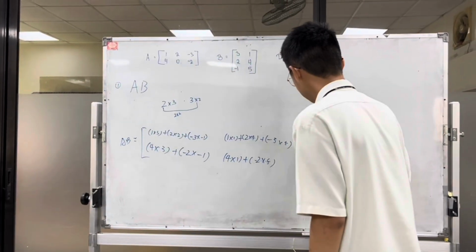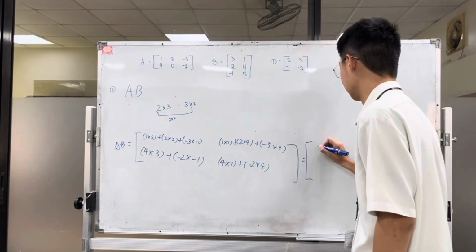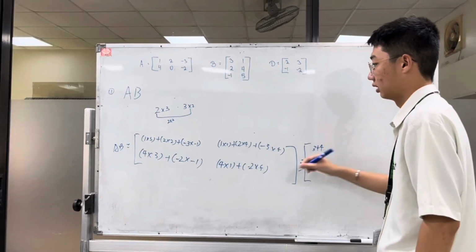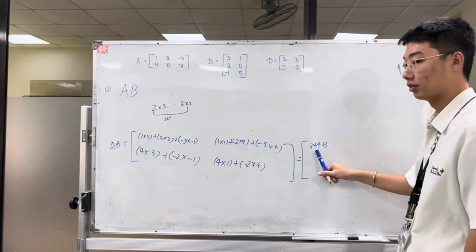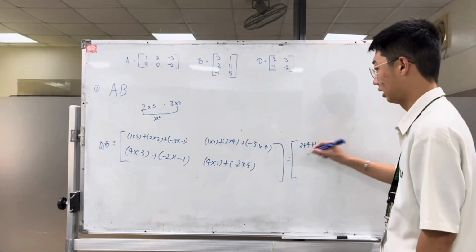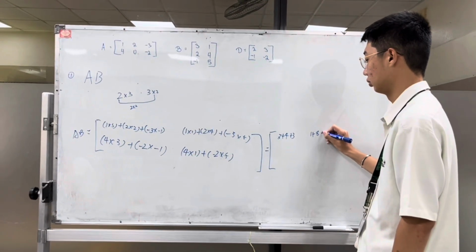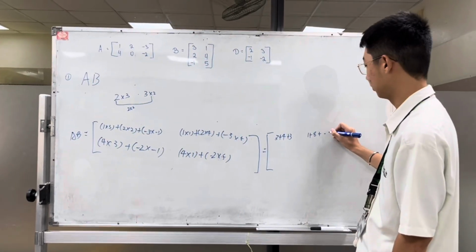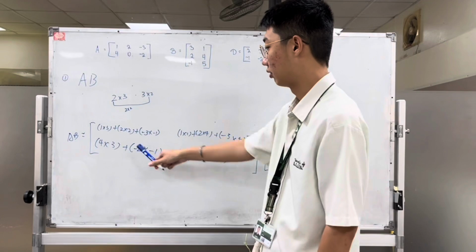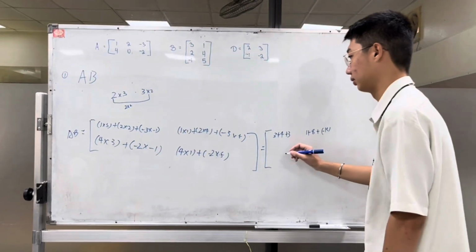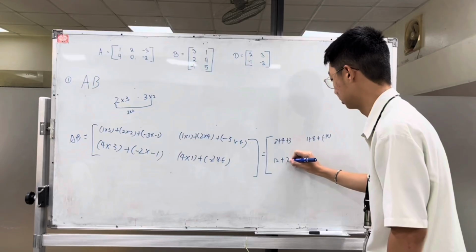We'll get 3 plus 4 plus 3. That's our AB11. And AB12 is 1 plus 8 plus negative 15. And for our AB21, we'll get 12 plus 2.